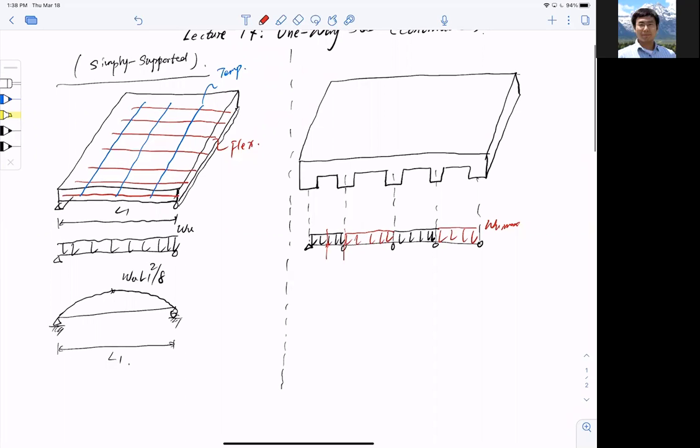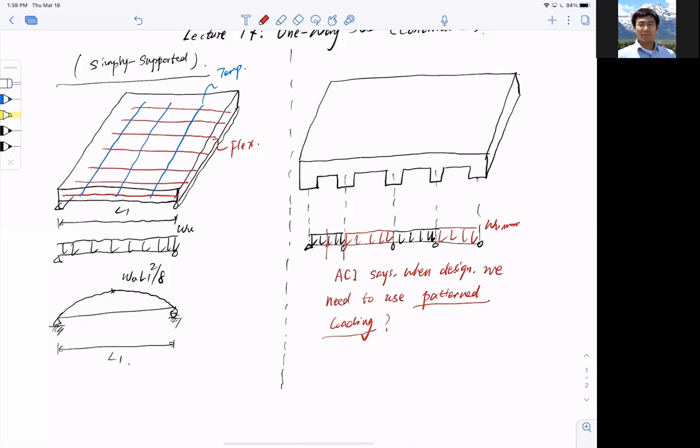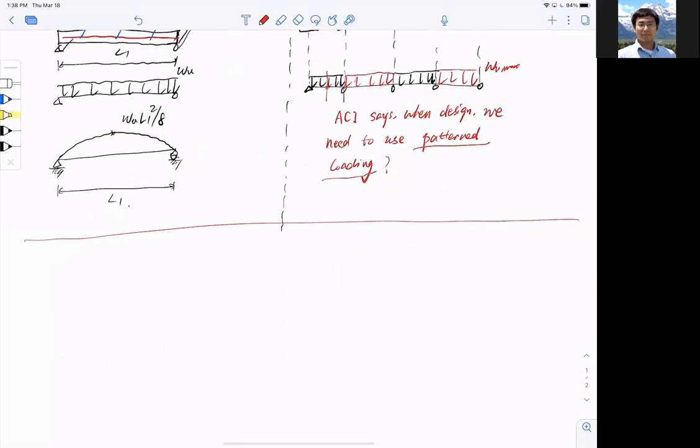For this, ACI actually says that when designing, we need to use patterned loading. Define patterned loading. What is patterned loading?